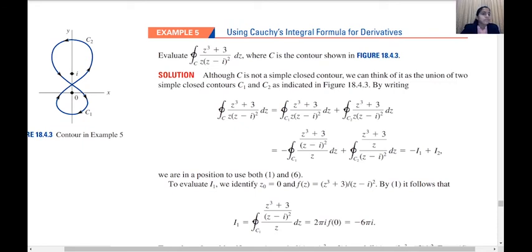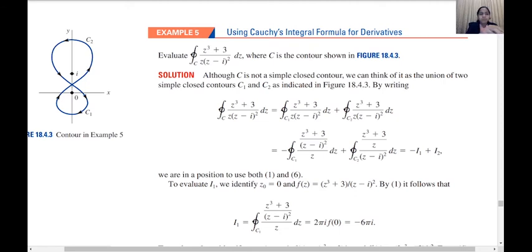If you see the contour, both points lie inside our particular C, so we have to evaluate at both values. So we are going to split this contour C into two different contours, C1 and C2, because Cauchy's integral formula for derivatives is applicable only for simple contours. This contour is not simple because it is meeting at a point here.